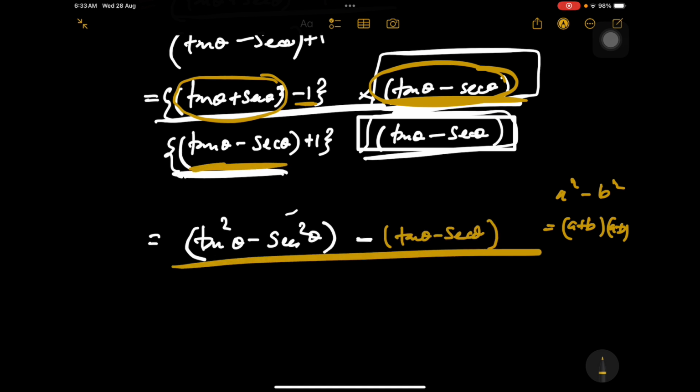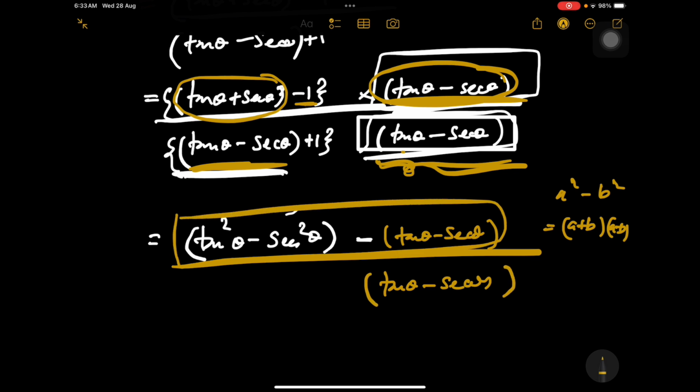And on the bottom, let's not do anything, because this one is needed in the RHS. So let it be as it is and simplify on the top.